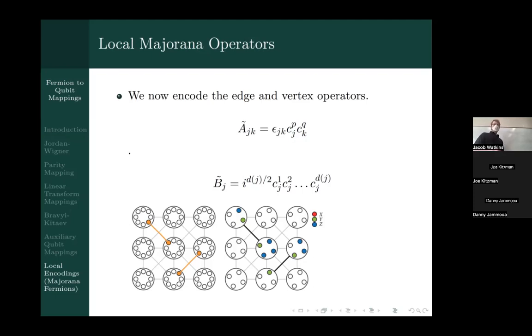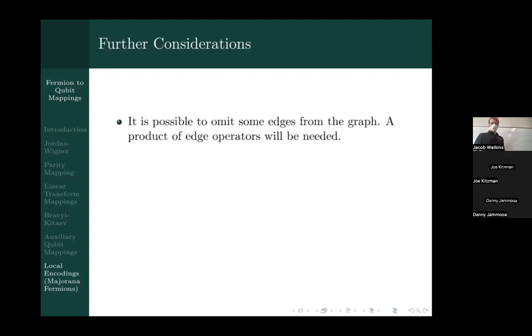And yeah, this is an example that's very connected, but it's just a good illustration. And as you might have been starting to think about from what we were just saying, it's possible to omit some of the edges from the graph.